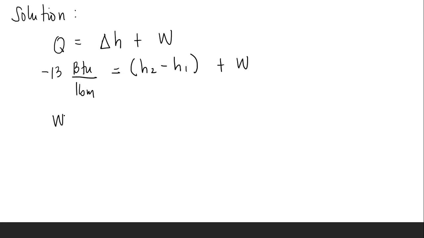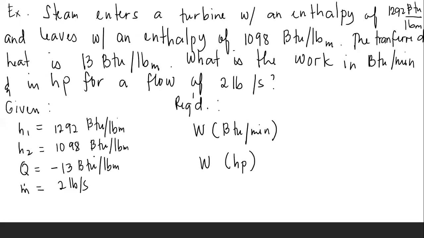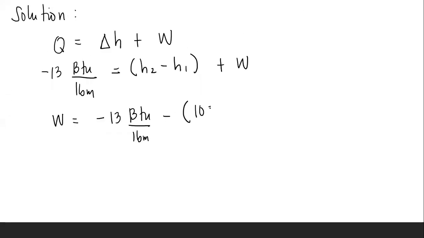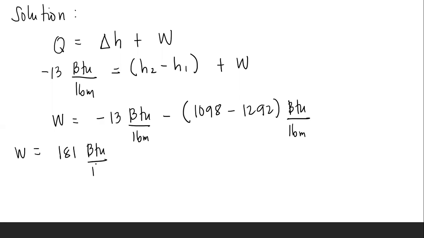Okay, now we have the work, which is equal to negative 13 BTU per pound mass minus 1098 minus 1,292 BTU per pound mass. We can subtract now because they have the same units. This one is equivalent to work is equal to 181 BTU per pound mass.